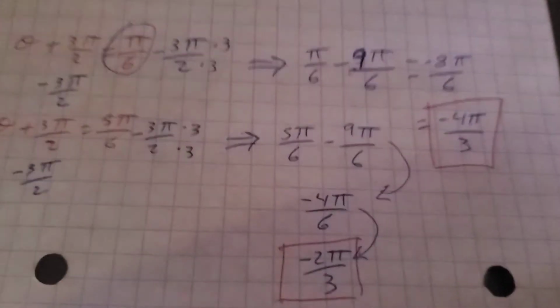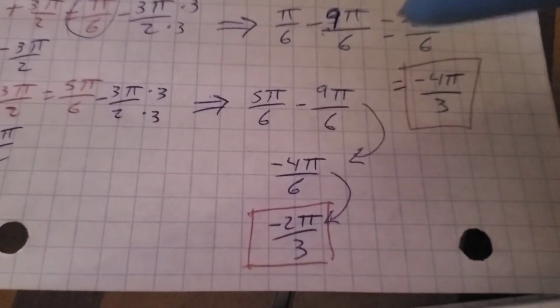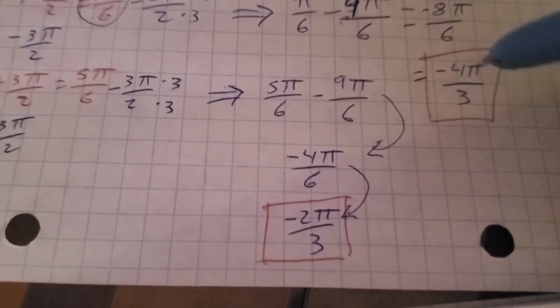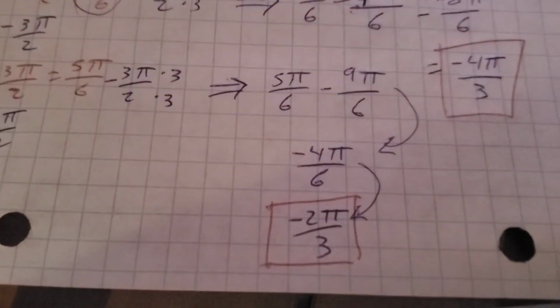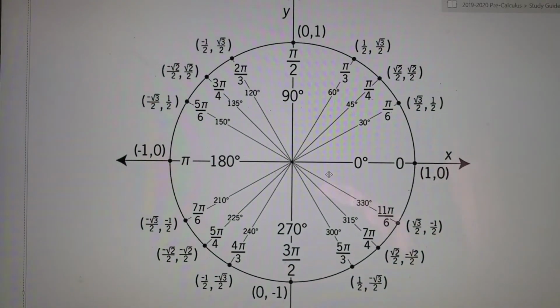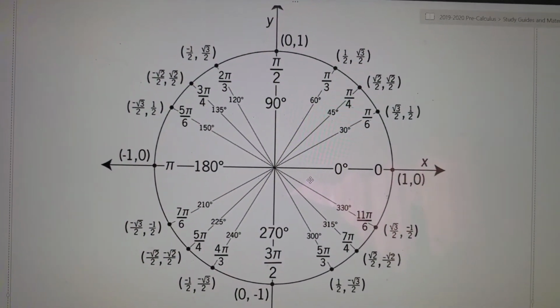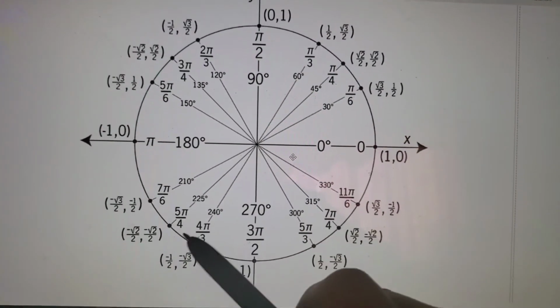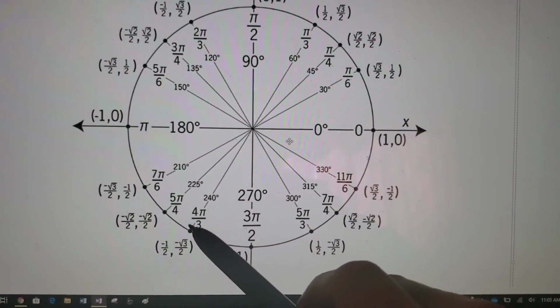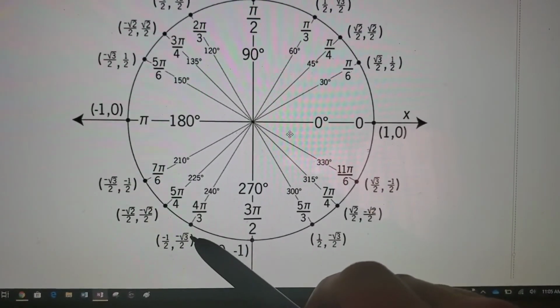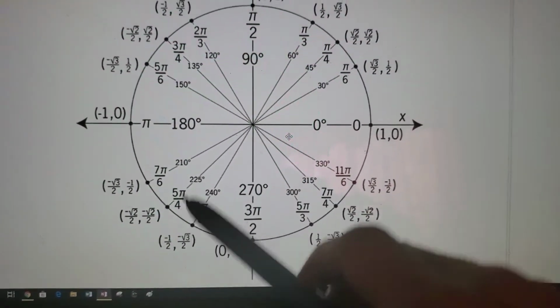First, let's look for 4 pi over 3. I know it's negative, but let's look for positive 4 pi over 3 on the original unit circle. There is 4 pi over 3, toward the right from the middle on the bottom left.